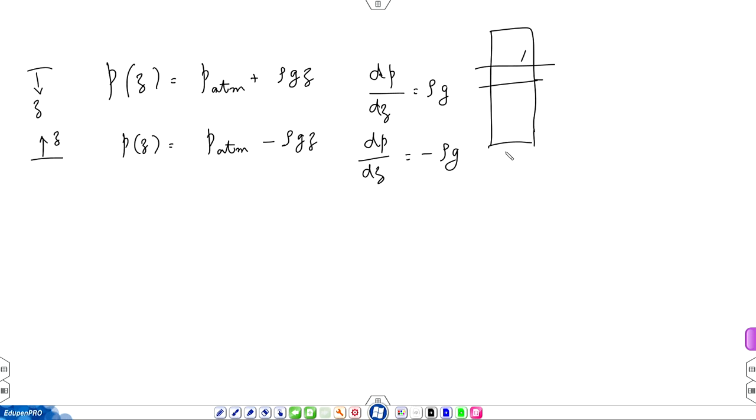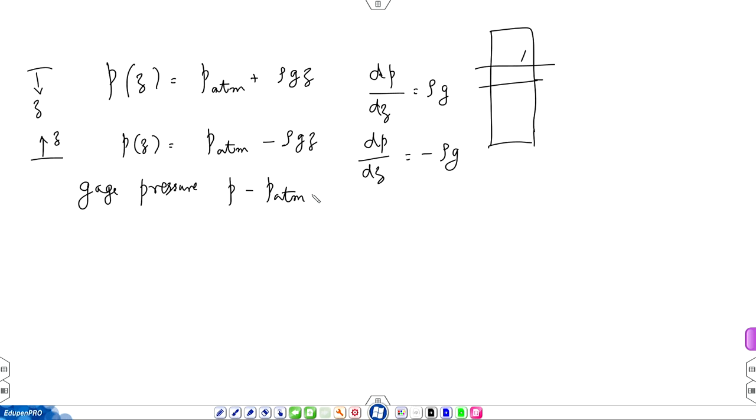So, it is quite common to define a quantity called gauge pressure, which is P minus P atmospheric. That means the gauge pressure corresponding to atmosphere is 0.